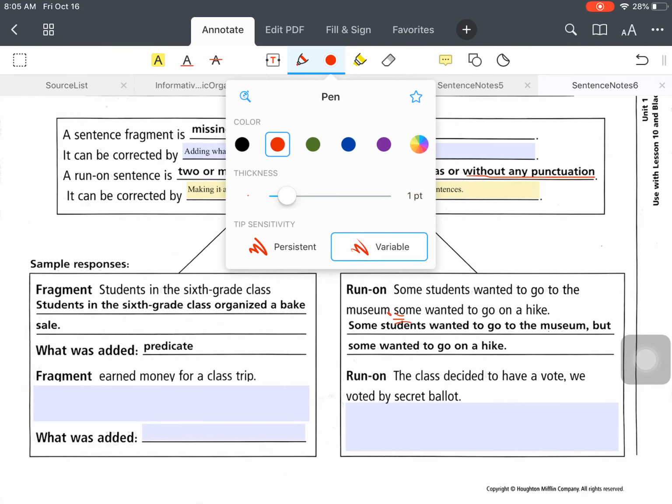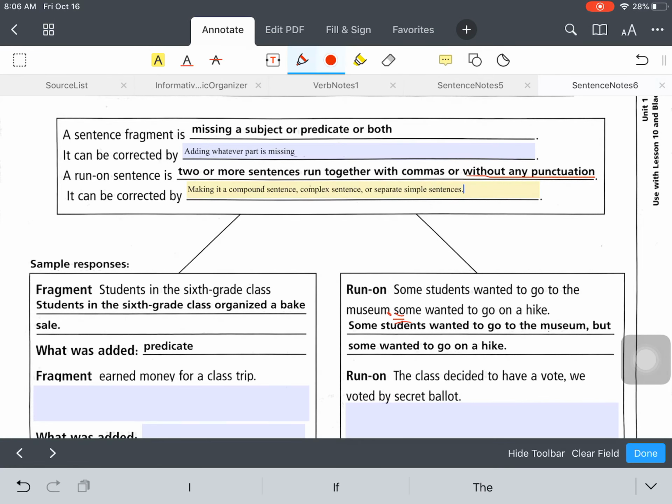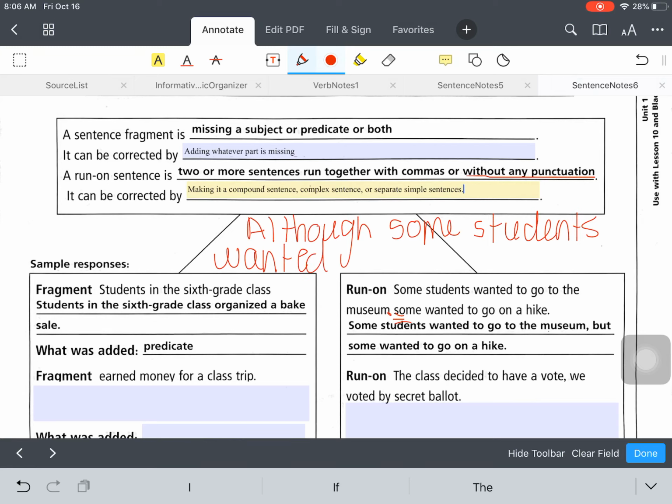You could also make it a complex sentence. And I'll show you how to do that. So you could say, although some students wanted to go to the museum.